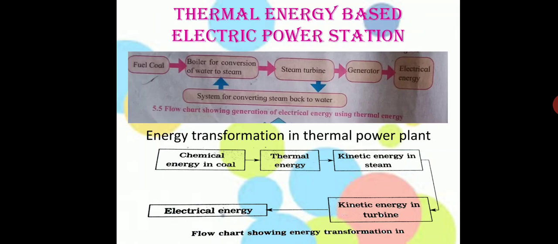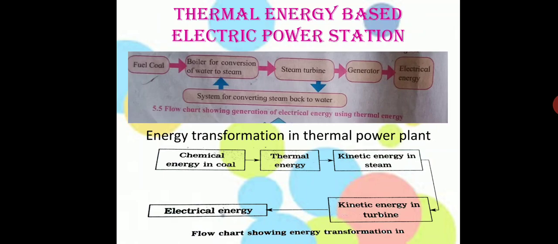The energy in the steam drives the turbine. Thus the generator connected to the turbine rotates and electrical energy is produced. The steam is converted back into water and the water is recirculated to the boiler again. This is shown in the flow chart showing generation of electrical energy using thermal energy.